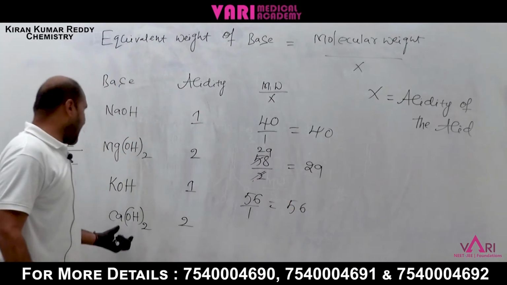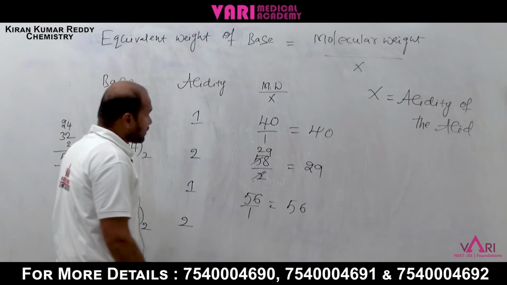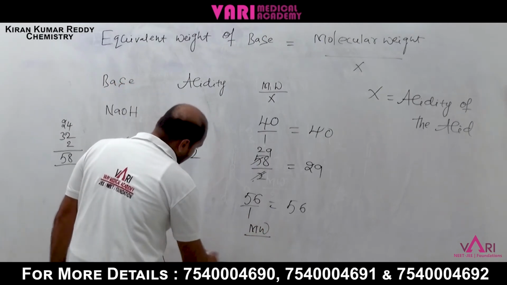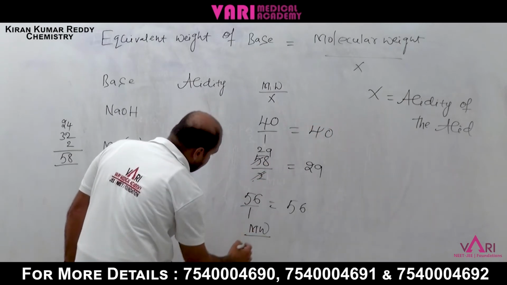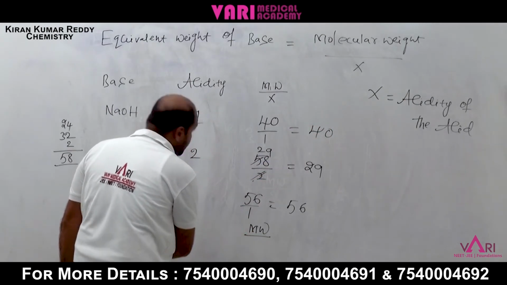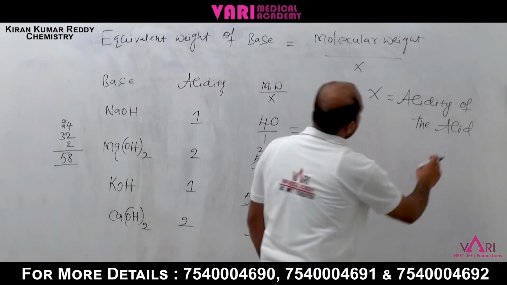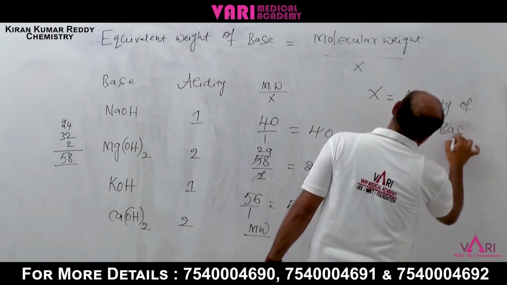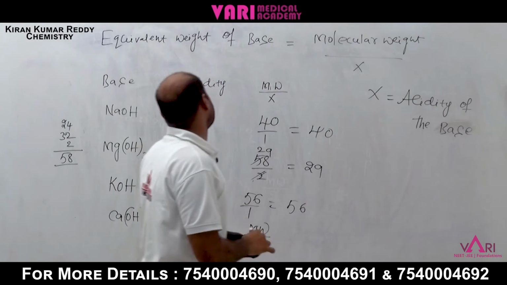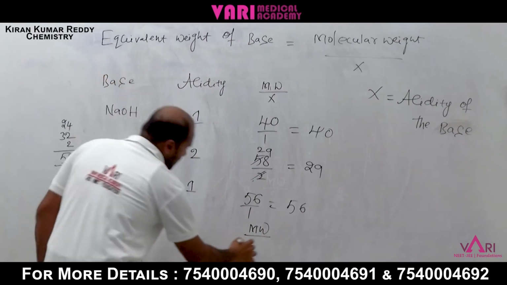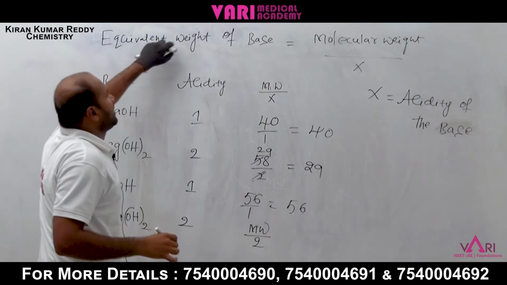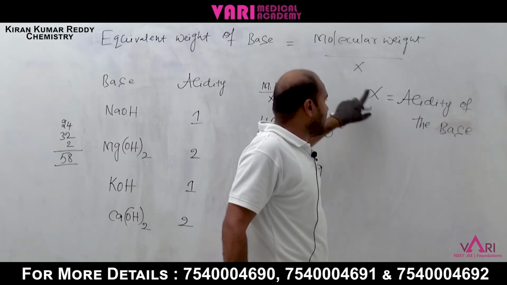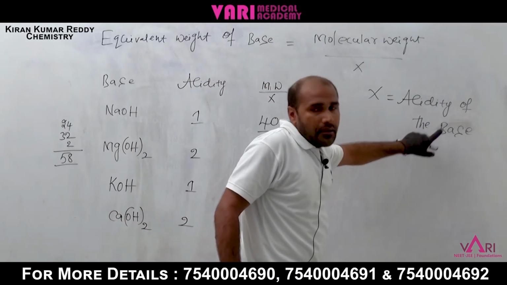We can take calcium hydroxide; here also molecular weight by X. What is X? The acidity of the base. The equivalent weight of a base is equal to molecular weight by X, where X means the acidity of the base.